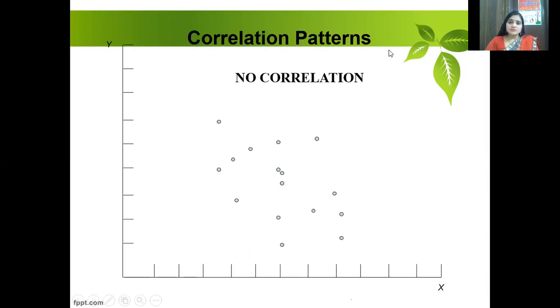Correlation patterns. Can you see any pattern here? This is your x-axis, this is the y-axis. For example, you want to check the employees' behavior on the x-axis, and on the y-axis is the sales of a product, right? Is there any correlation? No, because you might have checked the behavior of employees who are working inside the company, and product selling is the job of either the sellers or your salespersons hired in the company, right?